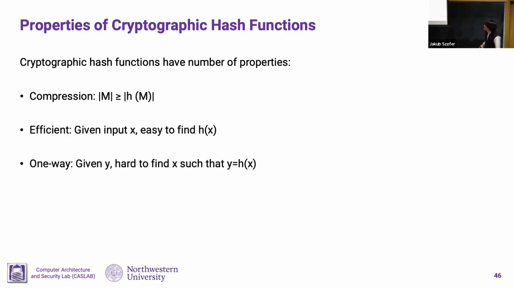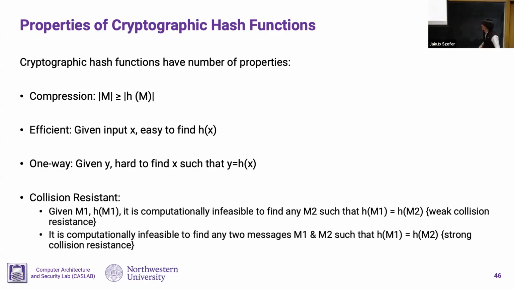But given Y, the hash value, you should not be able to reverse engineer and get the input. You also have another important property, which is to prevent collisions. That means if I know a message one and the hash of message one, it should be hard to find another message two such that the hashes of the two messages are the same.